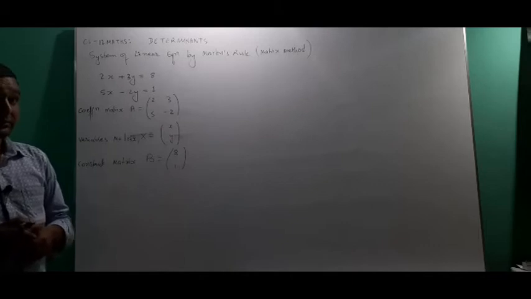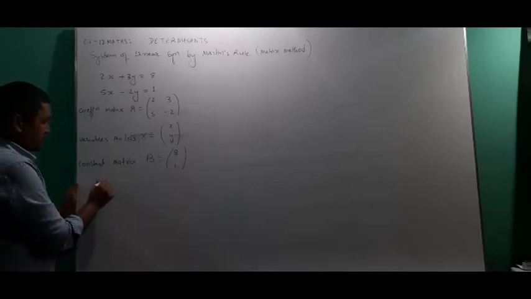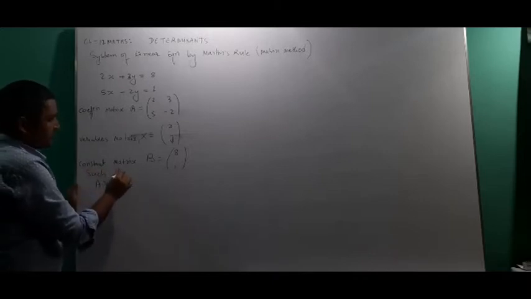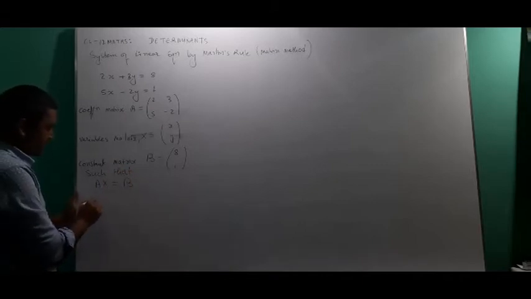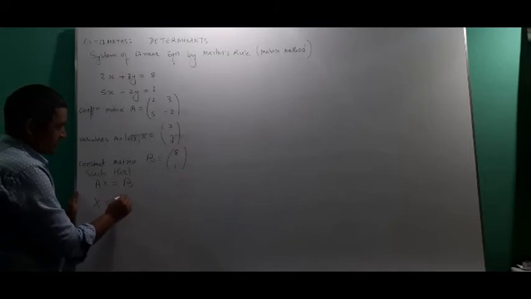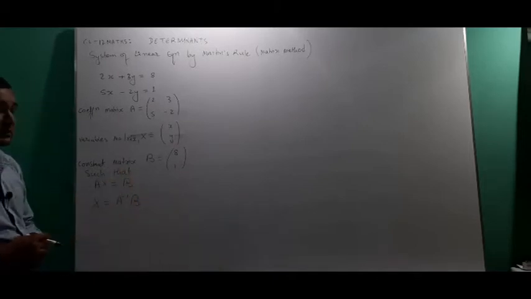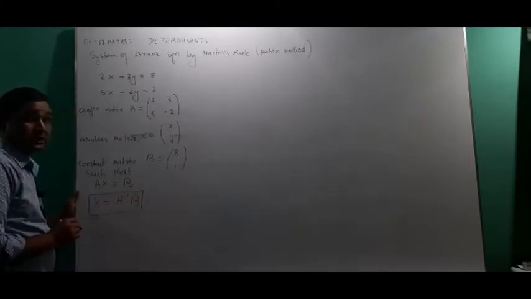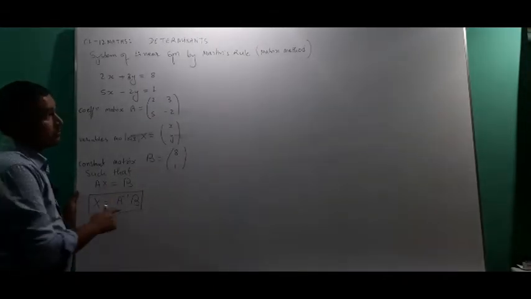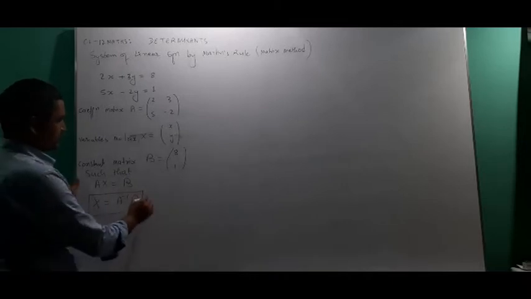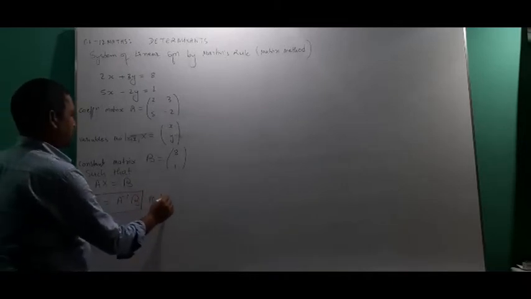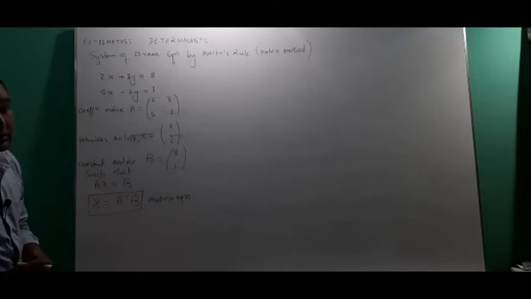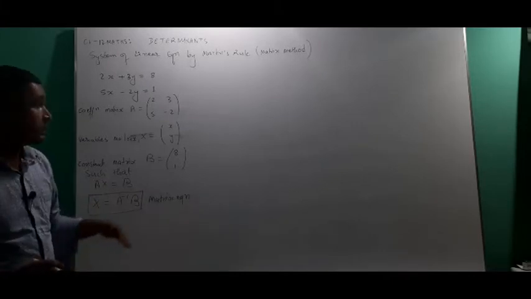Now according to Cramer's rule, the equation is AX equals B, or X equals A inverse B. This is the main formula to solve the equations, and this is called the matrix method. This is the matrix equation.